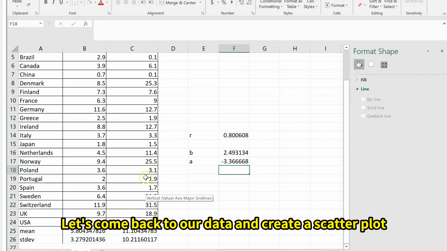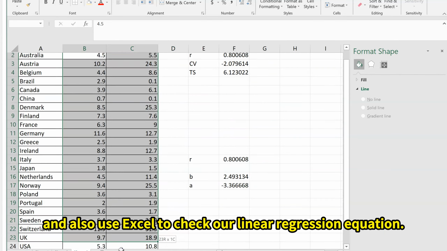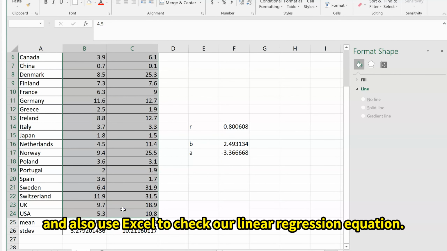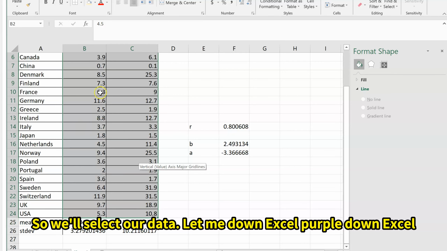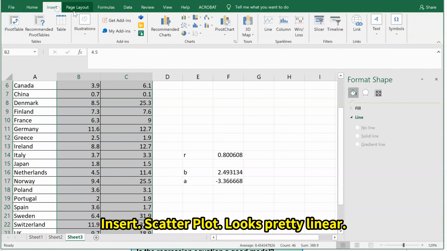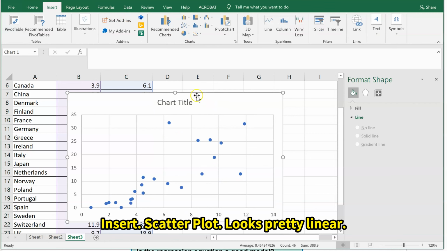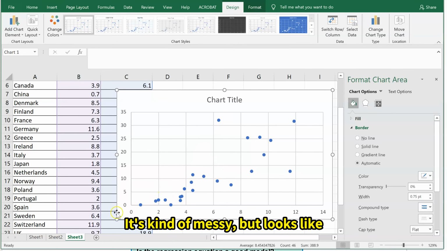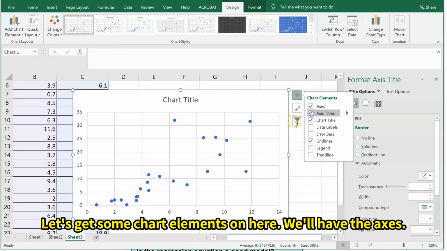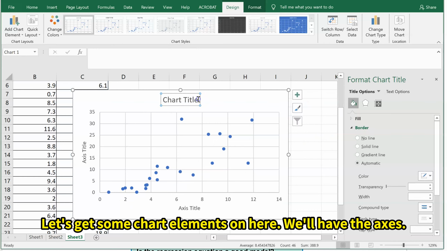Let's come back to our data and create a scatter plot and also use Excel to check our linear regression equation. So we'll select our data, insert, scatter plot. Looks pretty linear. Well, it's kind of messy, but it looks like there seems to be a correlation there. Let's get some chart elements on here. We'll have the axes.